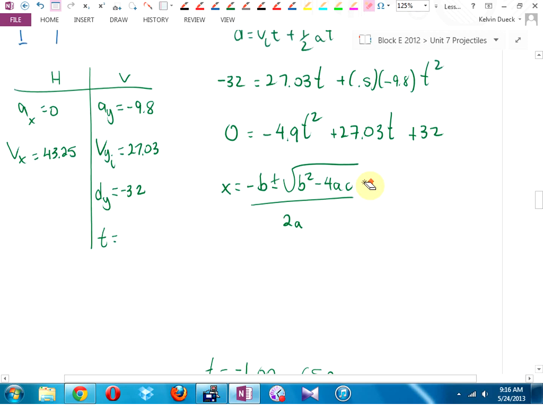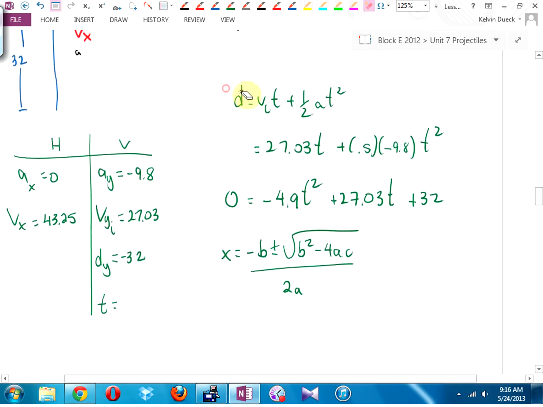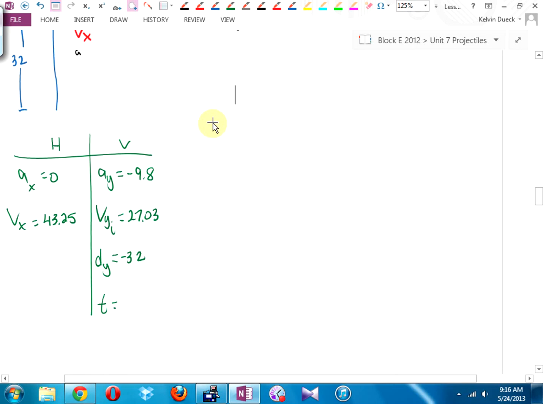Pick your pencils up. Don't write this down yet. Here is my, I think, better strategy and I think almost quicker. Find that.